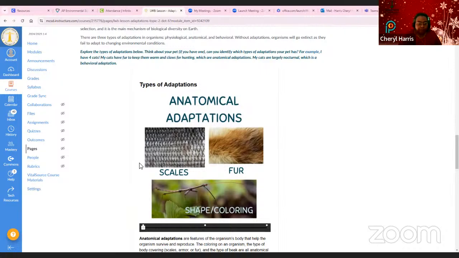Scales allow fish to survive, but scales and thorns and things like that also cause certain organisms to survive because nobody can deal with those.